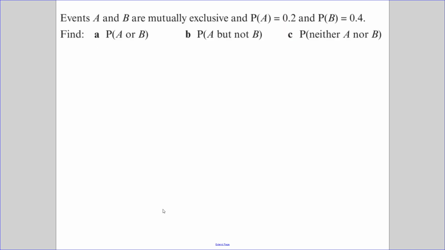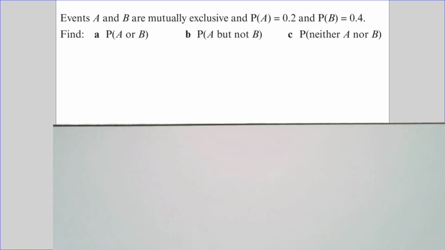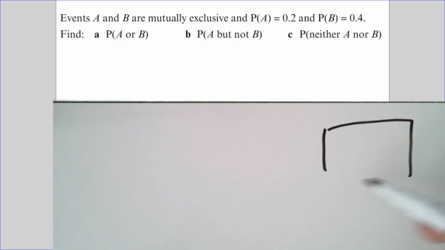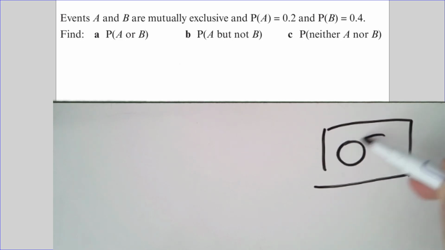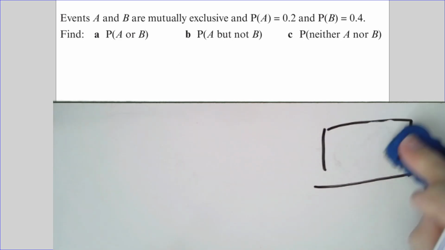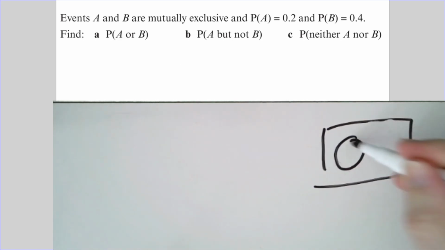Let's have a look at two very quick examples. Here we have two events which are mutually exclusive. If I were to draw a representation of these, we'd have a Venn diagram, but it wouldn't have overlapping circles, because mutually exclusive means they don't overlap. So our circles will actually look like this.